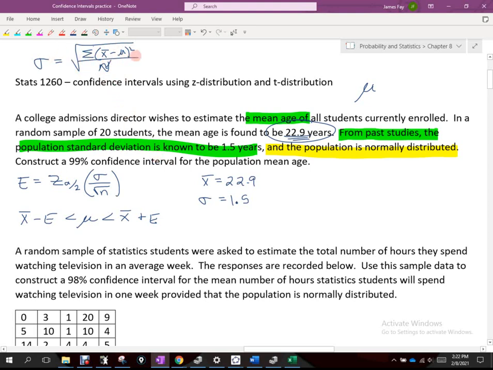What is in that? Mu, my population mean, right? Well, it doesn't make a whole lot of sense that I know this but don't know one of the items or tools that got me that. Does that kind of make sense?